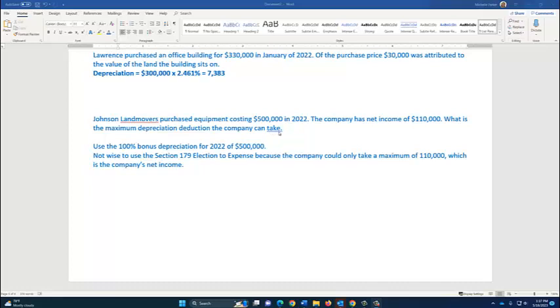Now, we can't use Section 179 because we would only be limited to a $110,000 deduction, because remember, Section 179 expense is limited to the company's net income. But since this is personal property, we can use the 100% bonus depreciation. So Johnson Land Movers can take the full $500,000 expense deduction in 2022 for their depreciation.